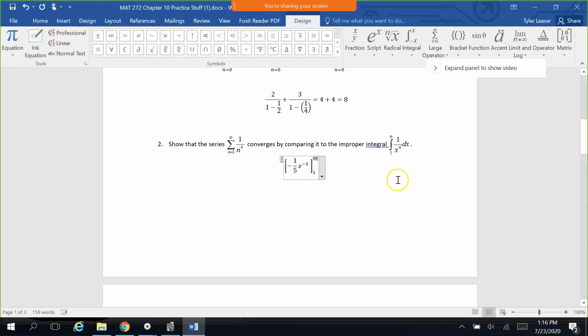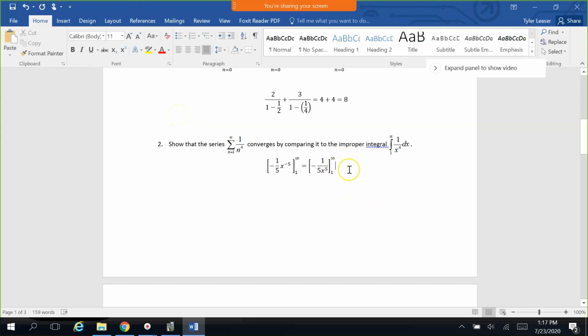Another way of thinking about this, because that's a little bit hard to imagine what that's going to come out to be, we could think of it as just negative 1 over 5x to the 5th like this. It might be a little bit easier to think about it that way when we're plugging infinity in.